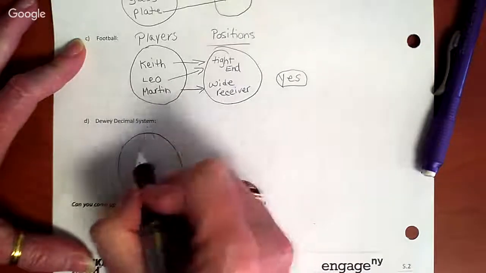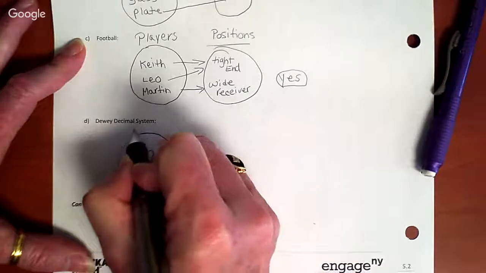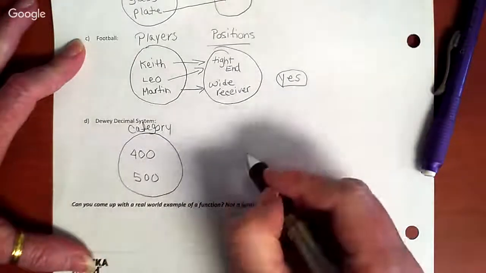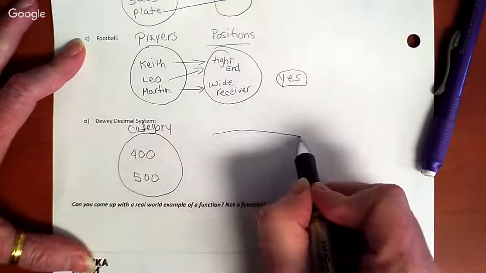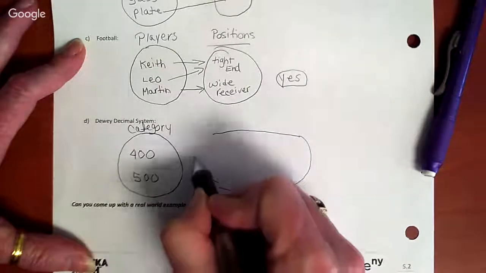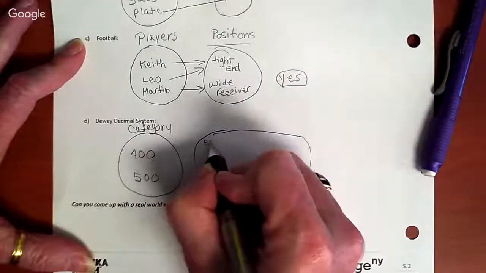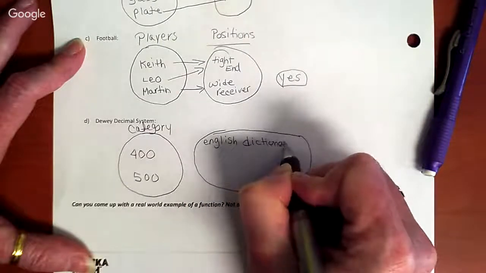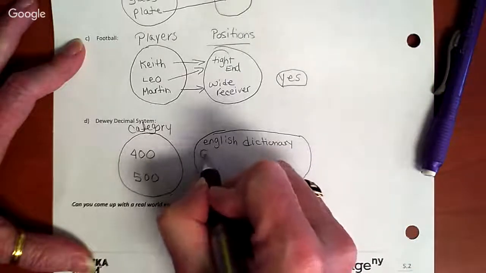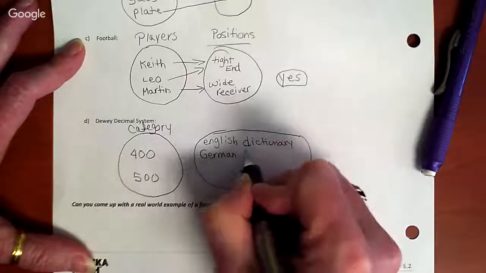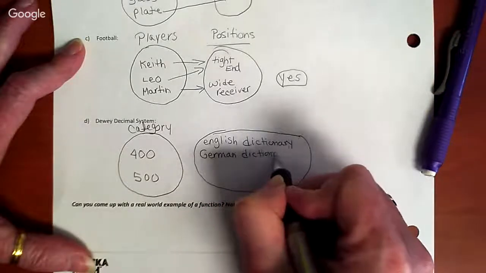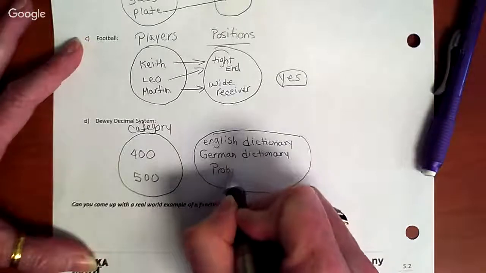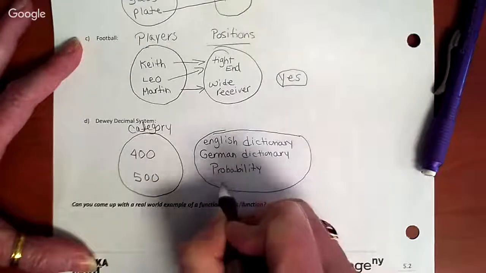If I have the category of 400 and the category of 500, and in my output section I have the English dictionary, the German dictionary, probability, and zoology.